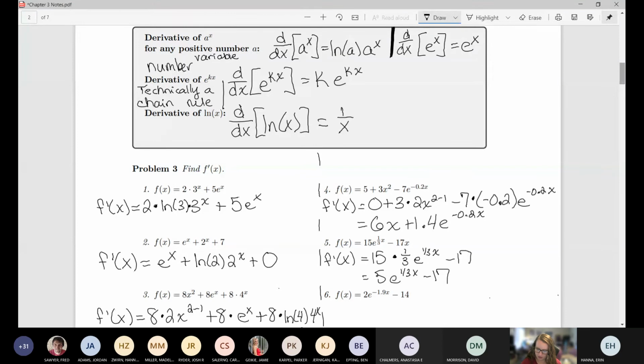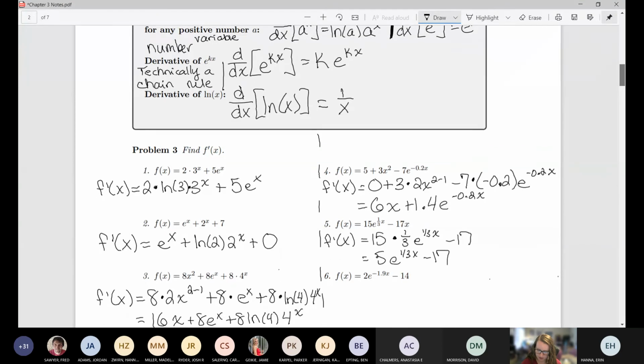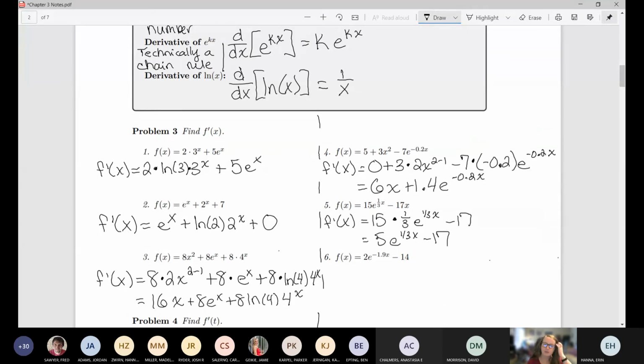And then this last one, let me just scroll down past that because I don't need it. Derivative here, 2 comes along for the ride. Derivative of e to the negative 1.9x, the negative 1.9 comes out front. I'll tack it in parentheses as well. That's not really needed because I have the multiplication dot there, but just for giggles, I'm going to put it in parentheses too.